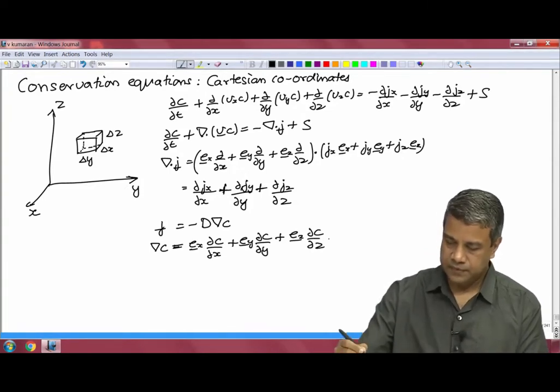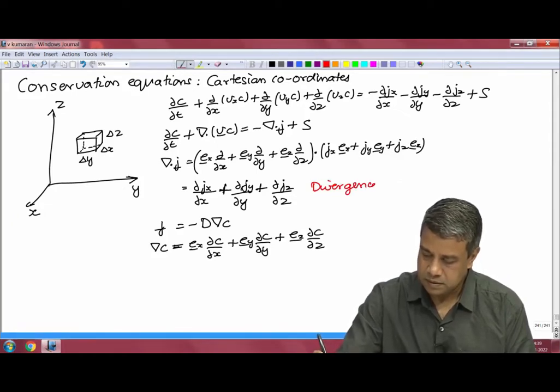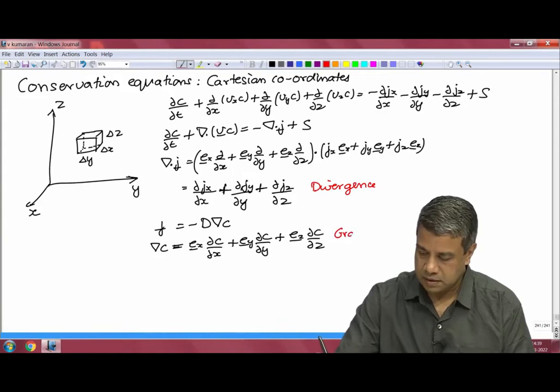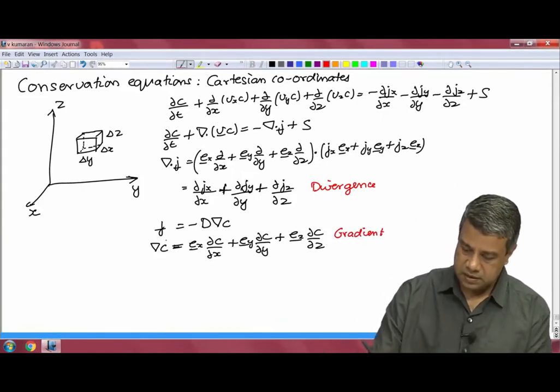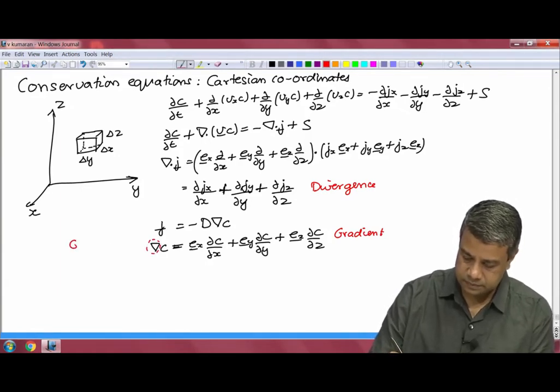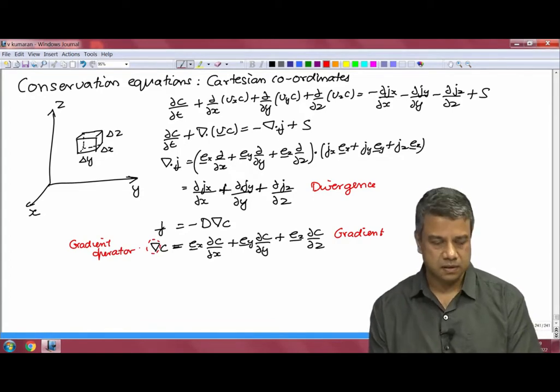Okay. So, this thing here is the divergence, this is the gradient. Okay. This thing here is what is called the gradient operator.